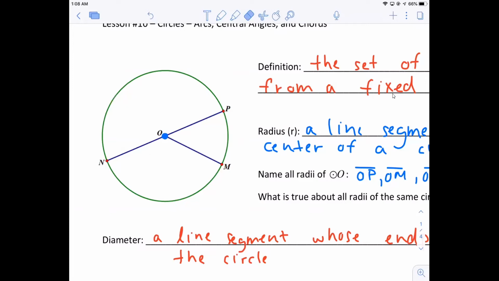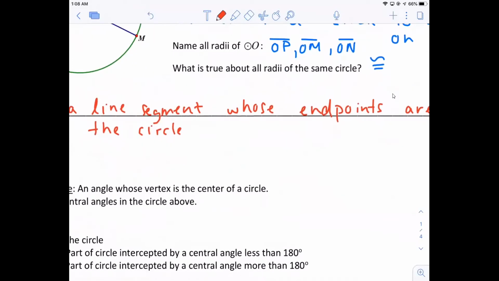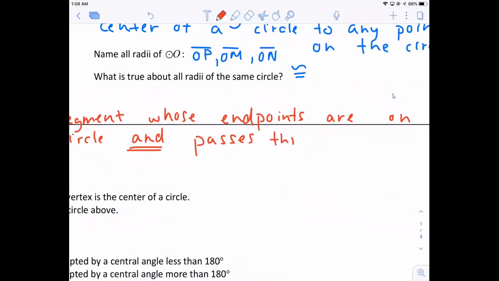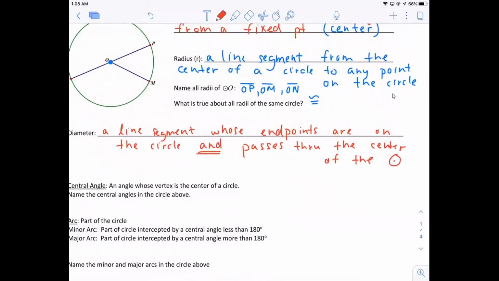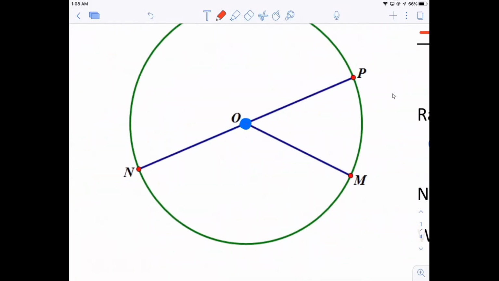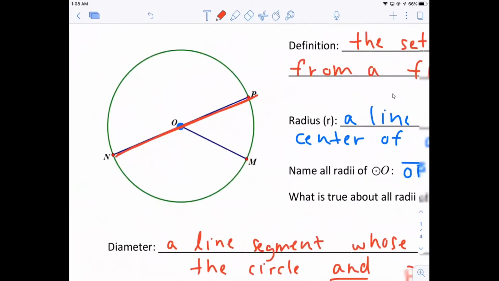Clearly not. What other condition does a diameter have to satisfy? It has to have endpoints that are on the circle and passes through the center of the circle. So in this diagram, do we have a diameter? It would be NP. That is assuming, though, that NOP is a straight line, which they don't tell us, but I think it's pretty safe to say that NOP is a diameter, or NP is a diameter.